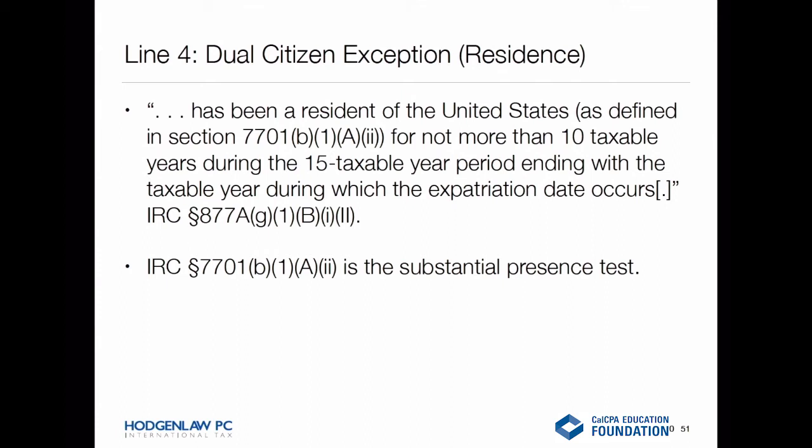And in that 15-year period, if you wouldn't have met the substantial presence test for 10 or more years during that period, then you get to use this exception and you would not be a covered expatriate, even if under the net worth test or the net tax liability test, you would have been covered.